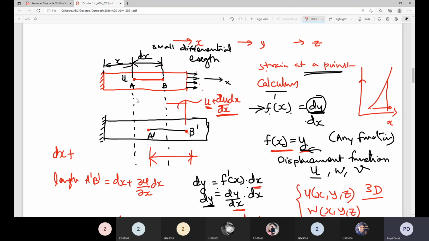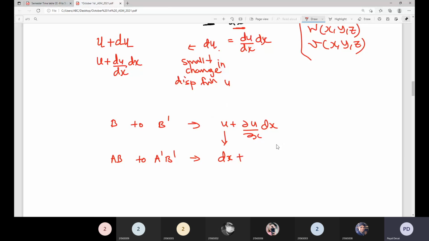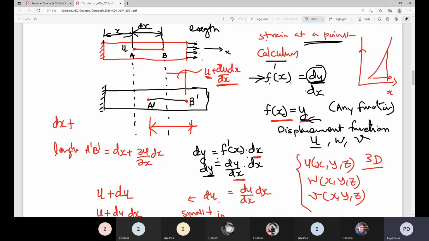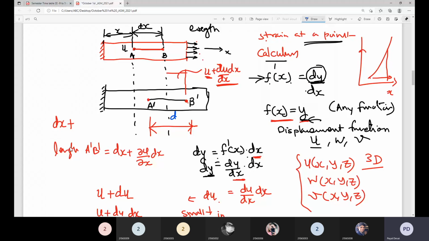It is because of u only, right? So the second term won't change, so I will write del u by del x into dx. Okay, so length जो a dash b dash है, what will be that? A dash b dash will be dx plus del u by del x into dx.